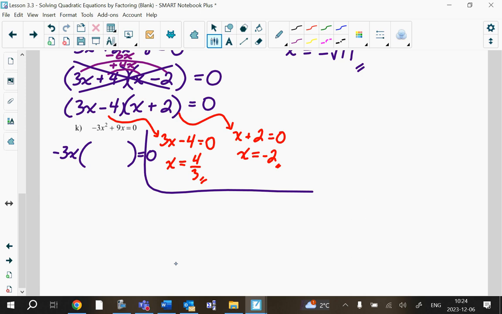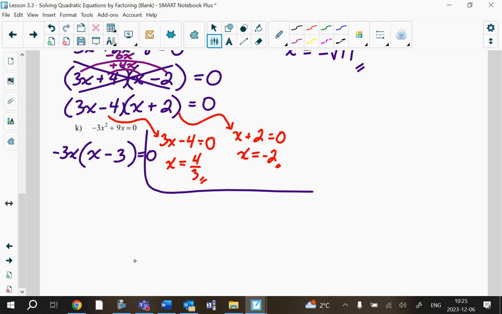What is negative 3x squared divide negative 3x? X. What is 9x divide negative 3x? Excellent. If you didn't take out the negative, then you'd have a negative inside here, and it could make things a little complicated. So if that x squared has a negative in front, factor out a negative as part of the GCF.